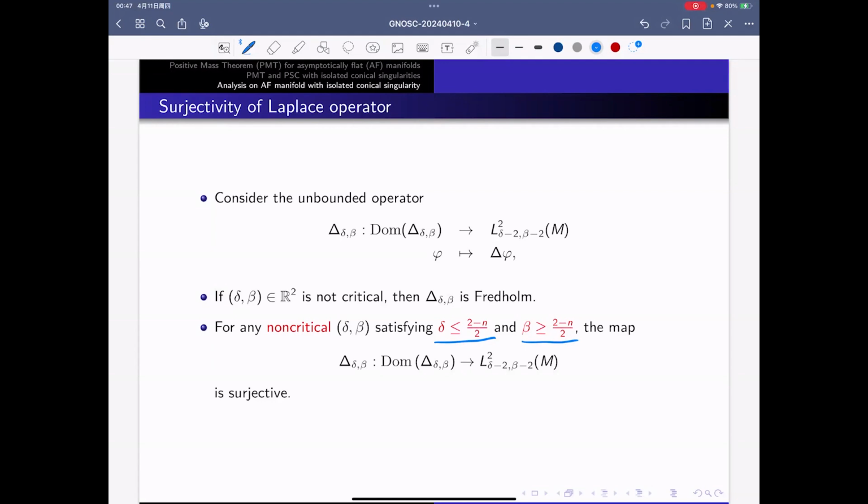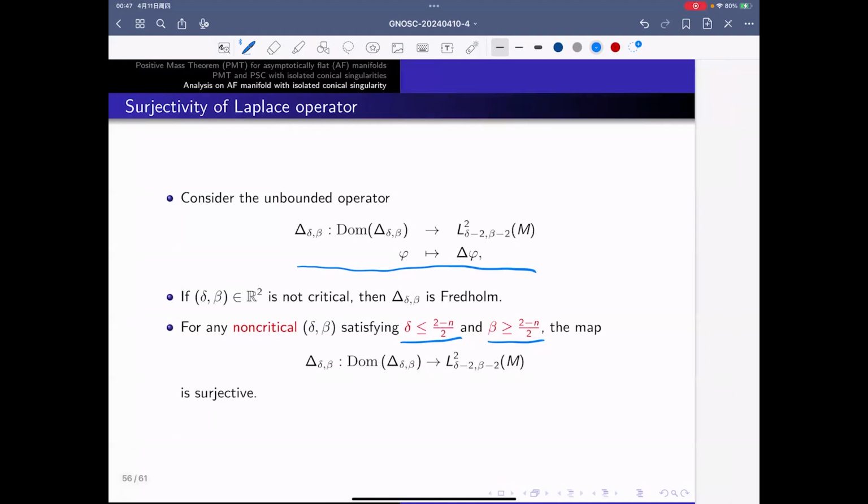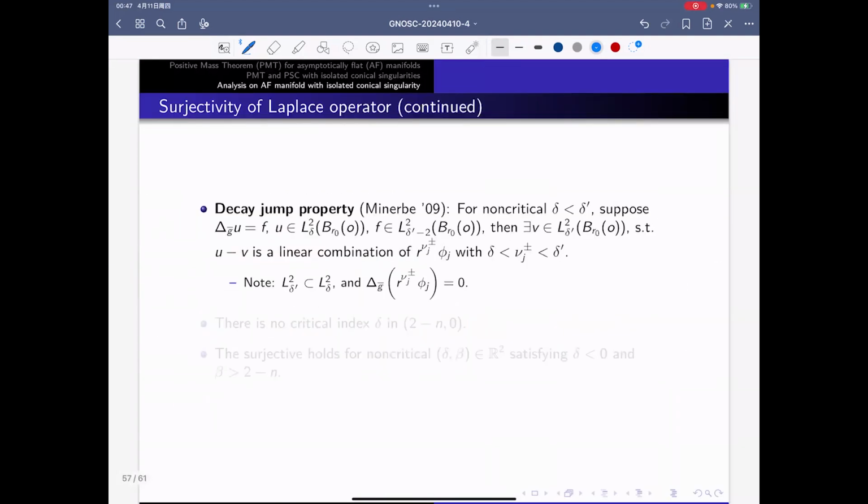So we need to extend the region for delta and beta so that we can get the surjectivity of this kind of operator. Right? For that, let's look at the so-called decay jump property. It's called by Minerbe. He got this kind of property on the asymptotically flat end.